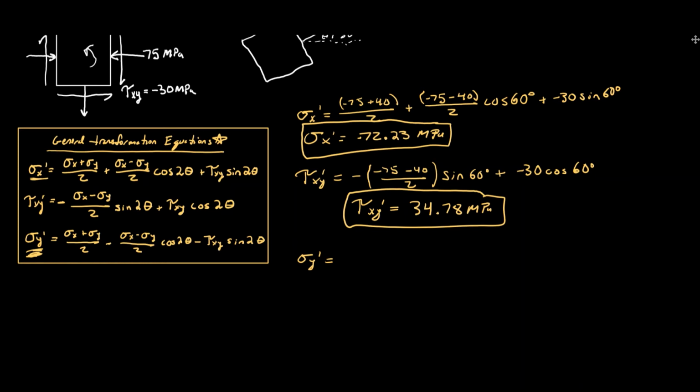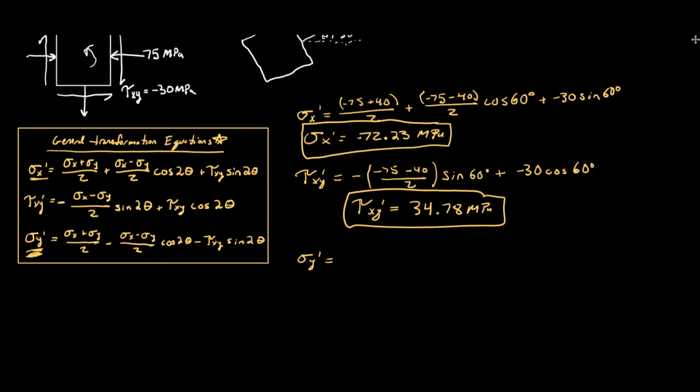That's because sigma x and sigma y, in terms of 2 theta, are 180 degrees away, and the actual angle is 90 degrees away, so they're on opposite sides.